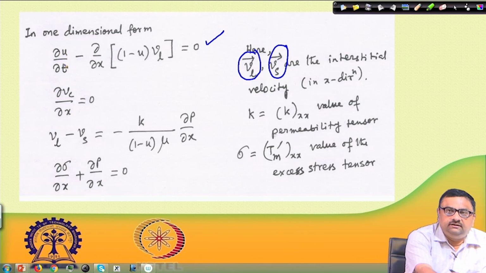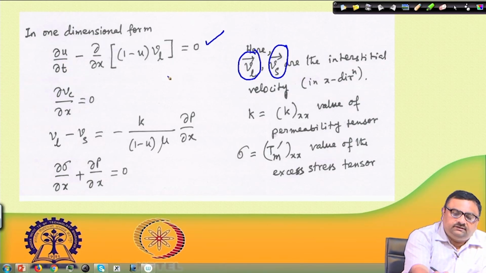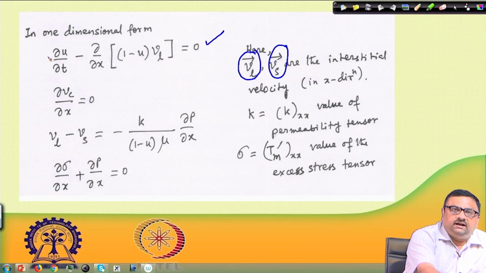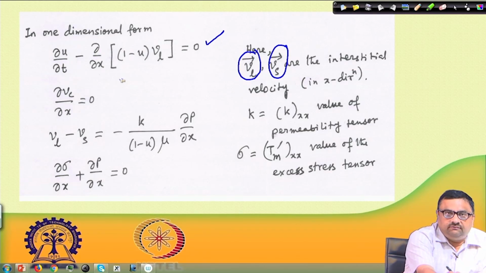So, we expect the porosity to change with time, and then we have flow in minus flow out, and that is reflected in the associated change in porosity. We have drawn a continuity on that, and then we have to have two continuity equations, one for the solid phase and other for the liquid phase.